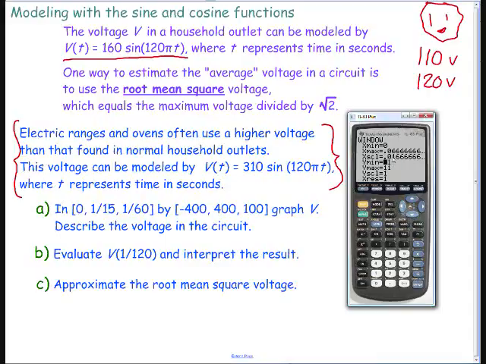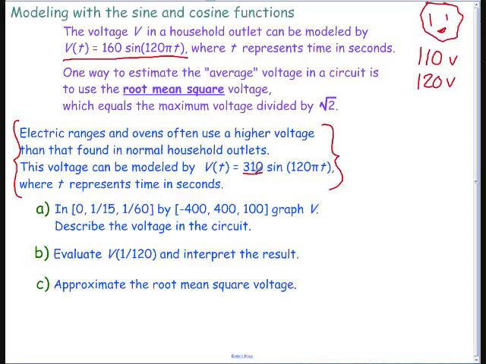Yes, you notice that turns everything into decimal. Y min is going to be negative 400. Now we know it doesn't actually need to go to negative 400 because what do we see here for our amplitude? 310.